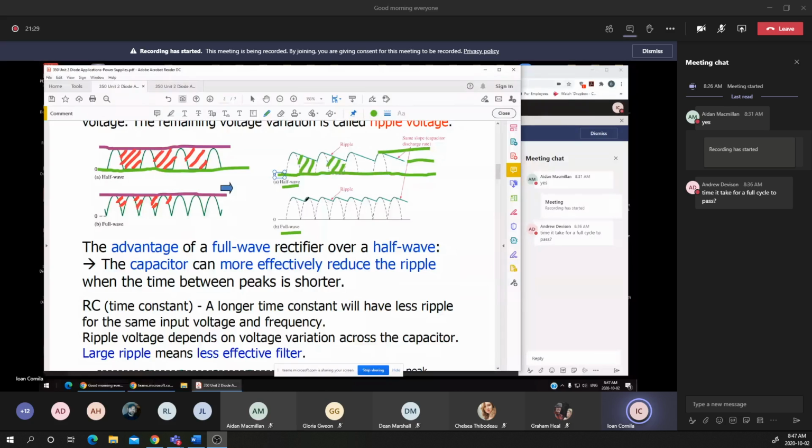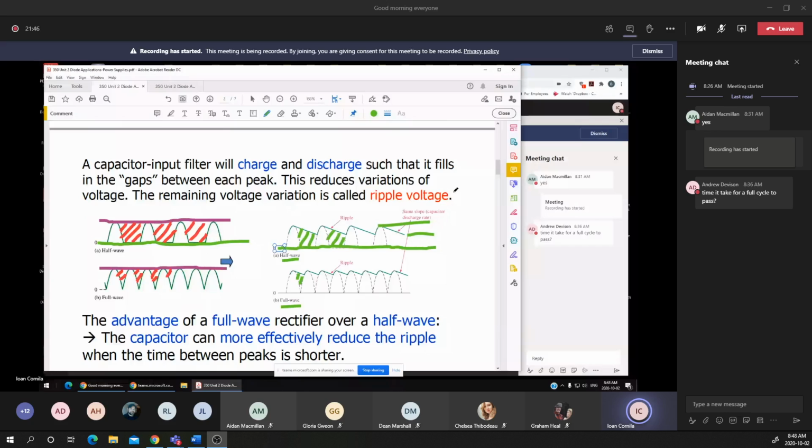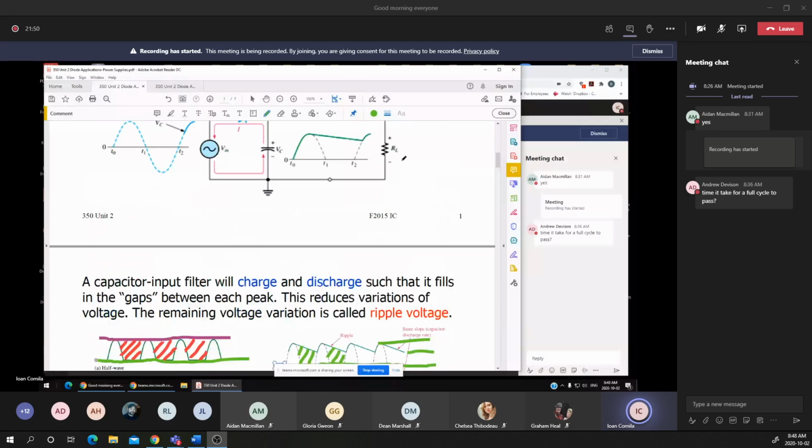For the full wave rectifier, the capacitor does not have to compensate nearly as much time as for the half wave rectifier. Let's suppose we make the assumption that we have the same capacitor and the same RL resistance.